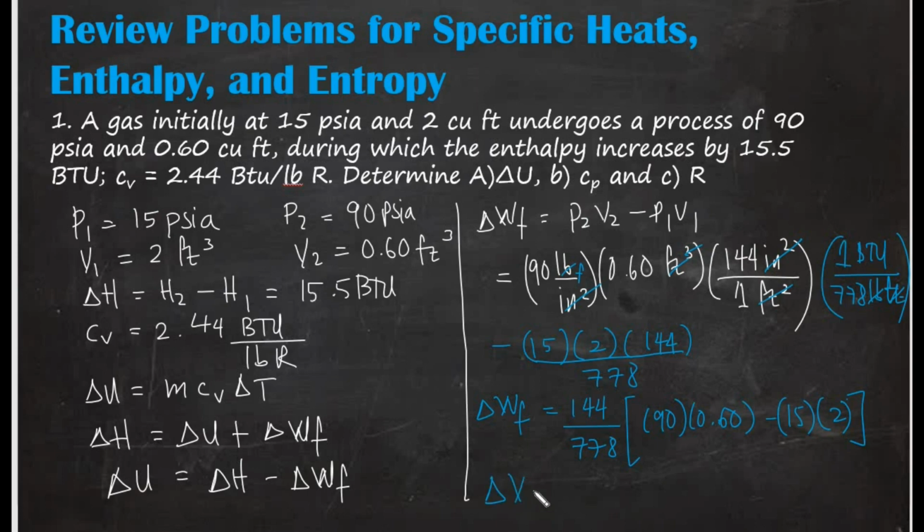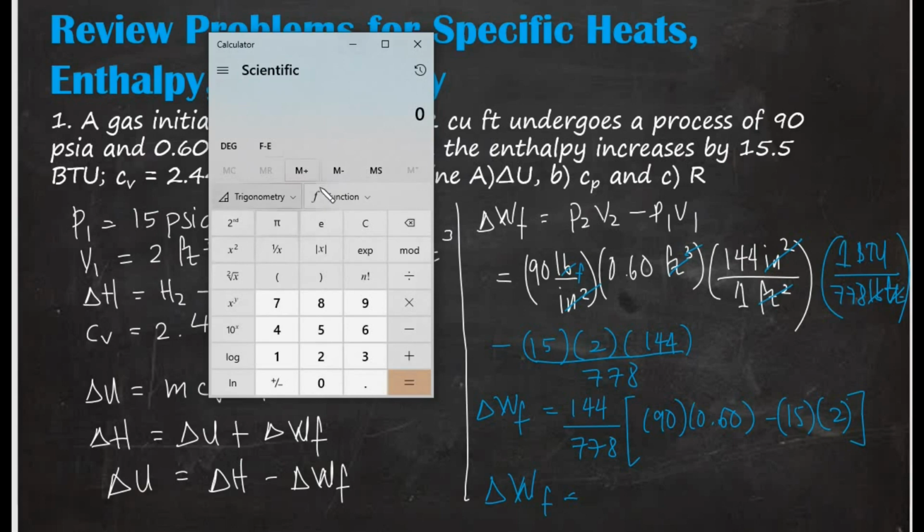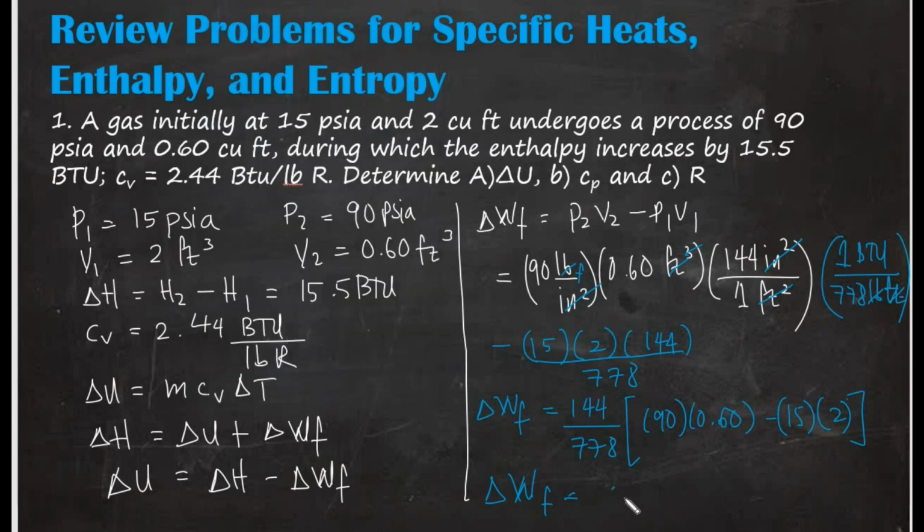So for delta WF, let's get our calculator. 90 times 0.6 minus 15 times 2 is 30. Then multiply by 144 and divide by 778, so we have 4.44 BTU.